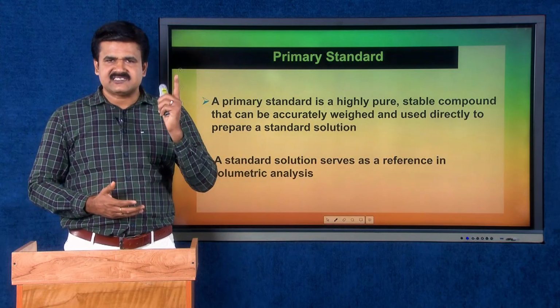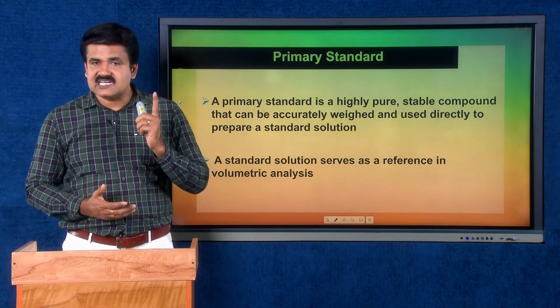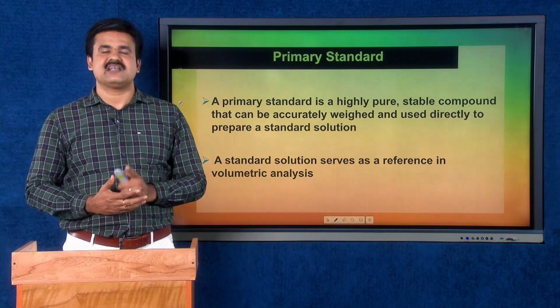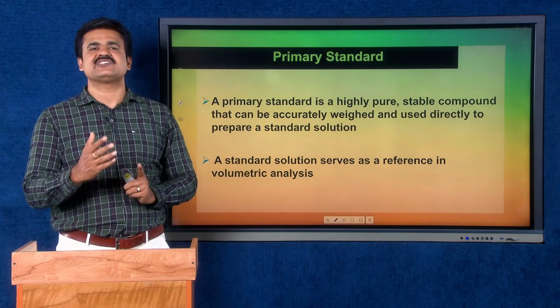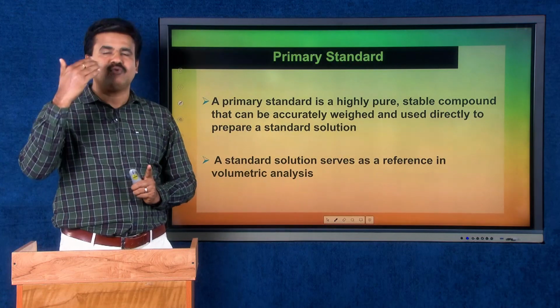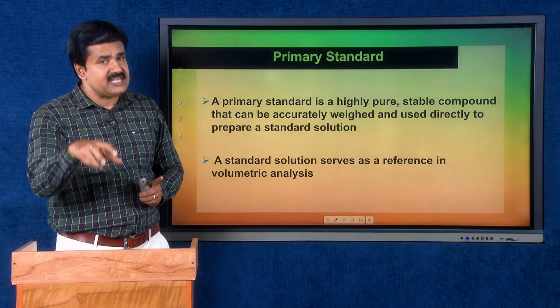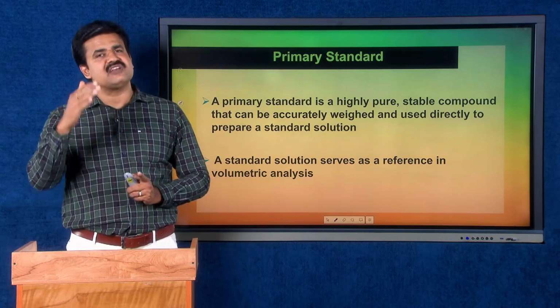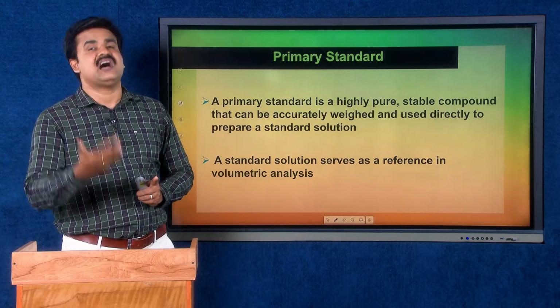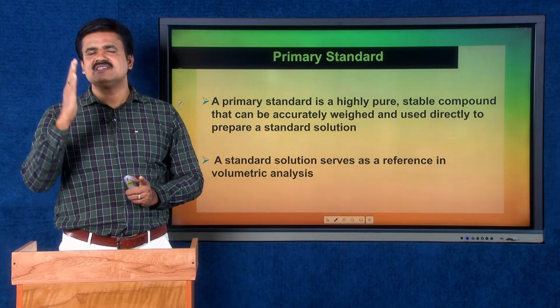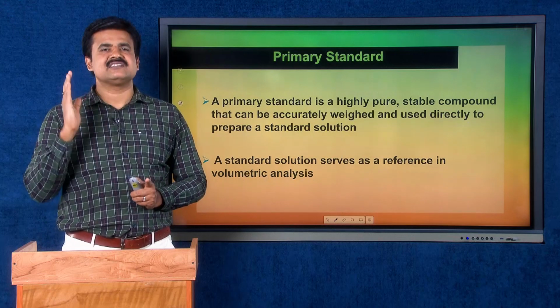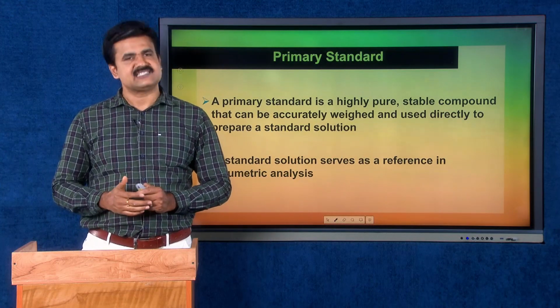And a standard solution serves as a reference in volumetric analysis. So, a primary standard is required for the preparation of a standard solution in volumetric analysis. Based on the concentration of the standard solution, we are evaluating the concentration of the analyte. So, that material which is used in the preparation of the standard solution is called a primary standard.